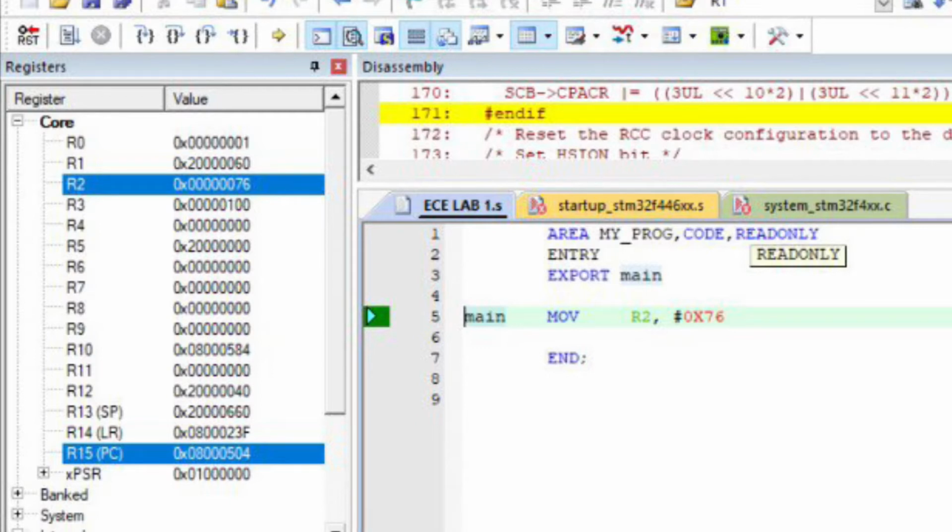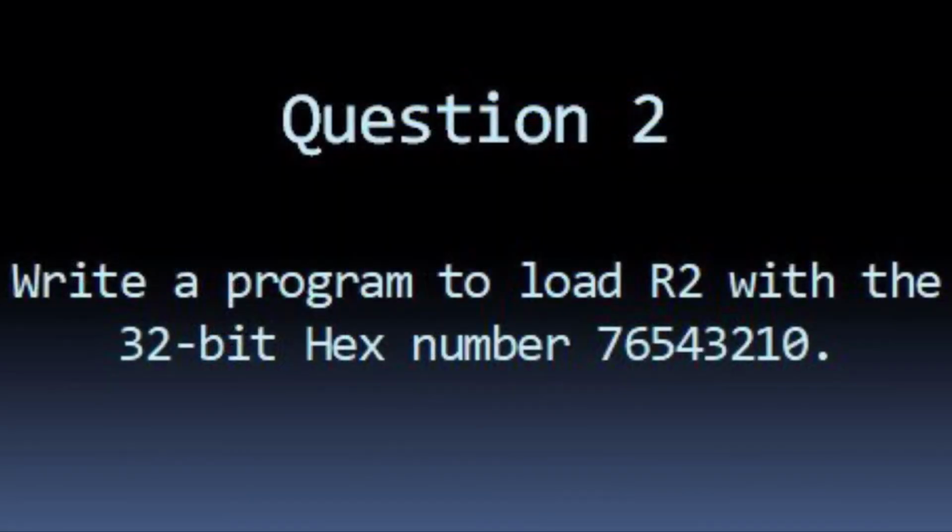So we can see at the core part at R2 it will appear 0x00000076. For question 2, write a program to load R2 with the 32-bit hex number 76543210.